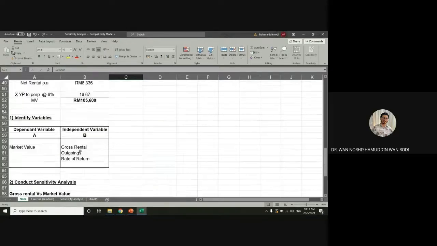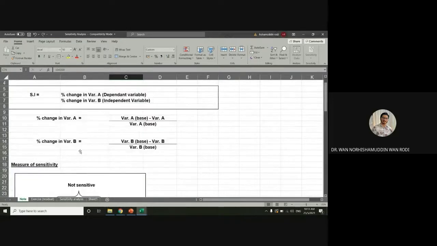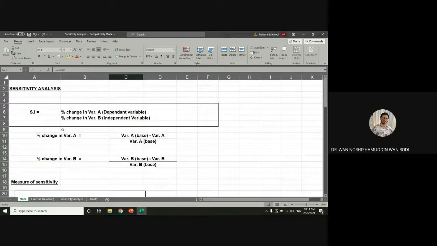In reference to the formula stated, SI equals percentage change in variable A divided by percentage change in variable B. So first, you have to calculate the percentage change in variable A. So we have the variable A base, and then variable A, divided by variable A base.